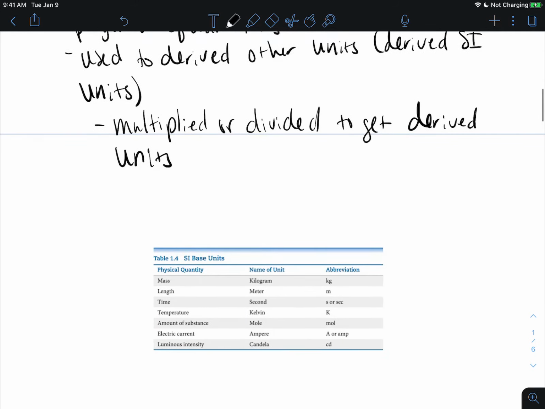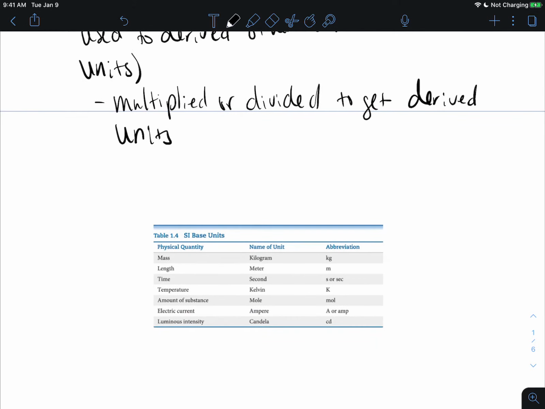Here is a list of those SI base units, so the ones that are multiplied or divided to get the derived units. For mass, we have the kilogram, and that's really the only one that's kind of weird. It's because we're looking at more macroscopic physical quantities, so the kilogram is used instead of just a gram. But that's the only base unit that has a prefix.